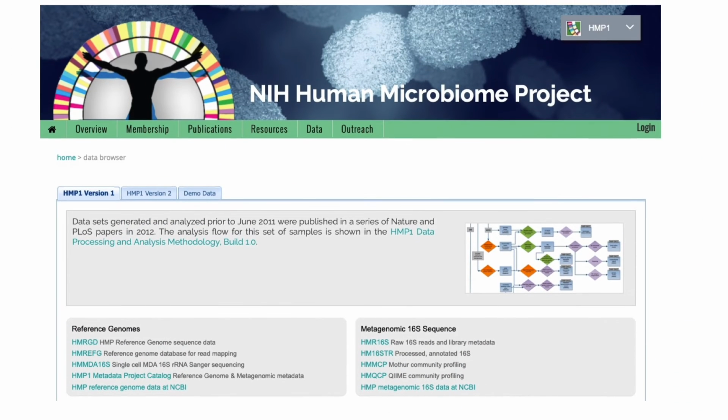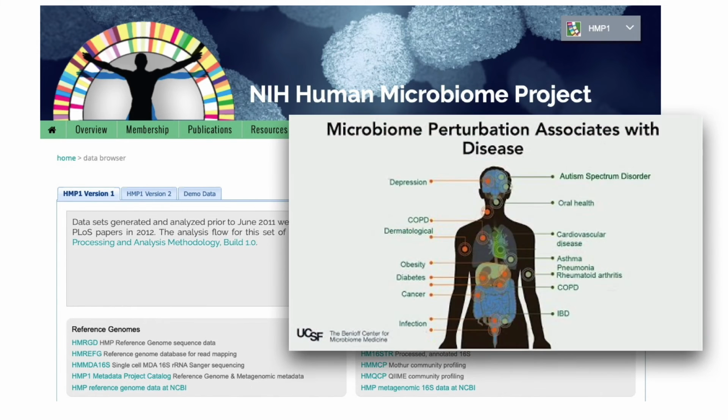In addition, there are projects that are aimed at characterizing the healthy condition and preclinical variation. One such example is the NIH Human Microbiome Project that allows us to look at different types of microbiome perturbation that is associated with different types of diseases.